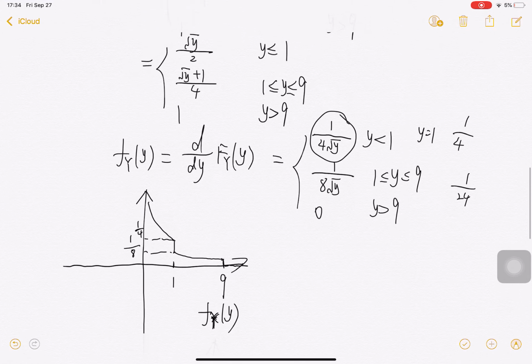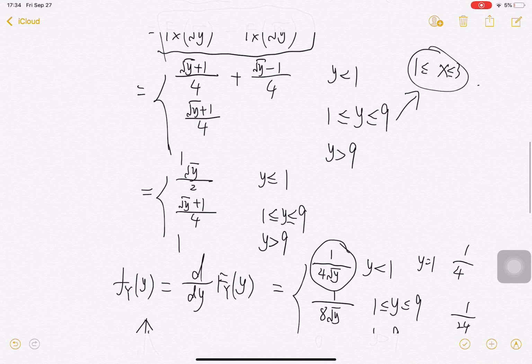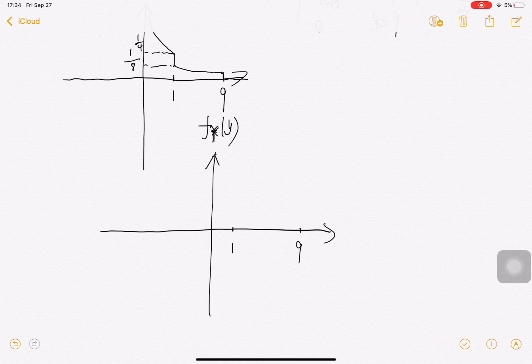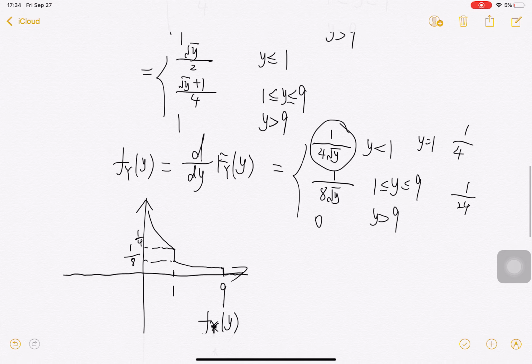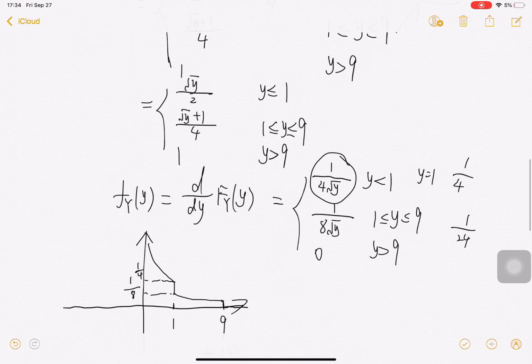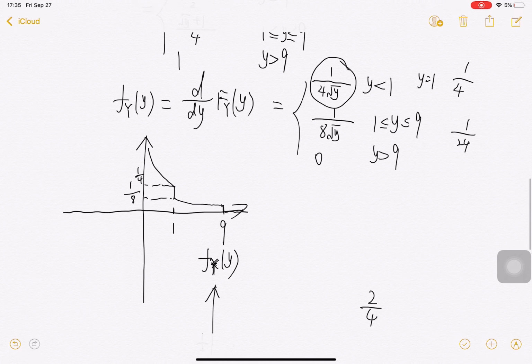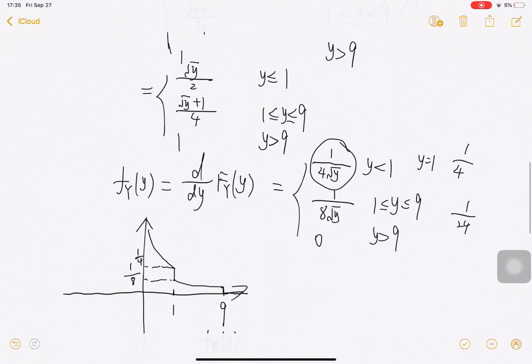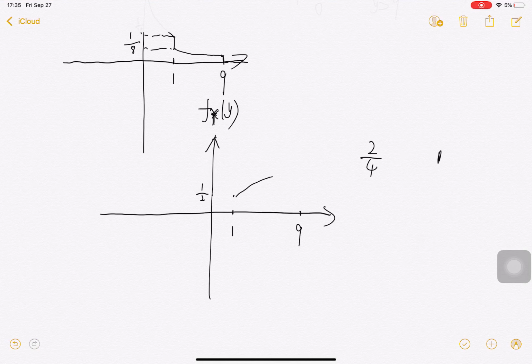With the density function, we know that when y equals 1, it is 2/4, so it's 1/2 right here. And when y equals 9, it is 1. Right, so it's like this.